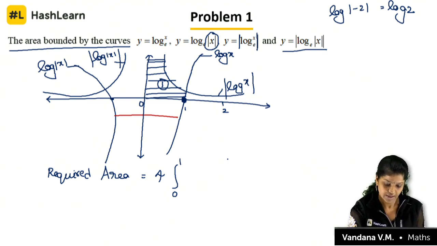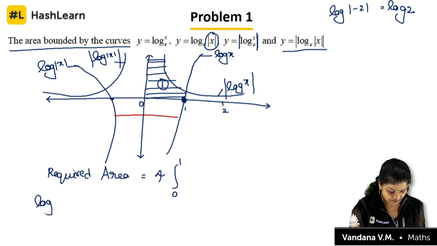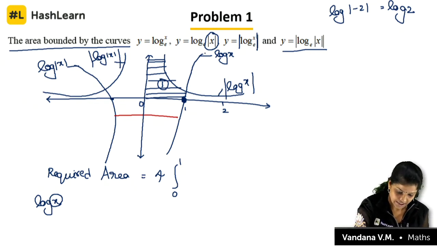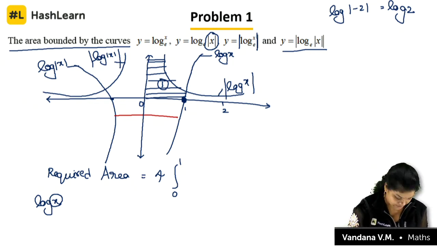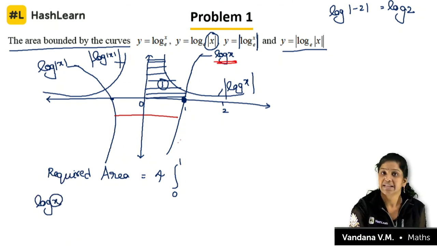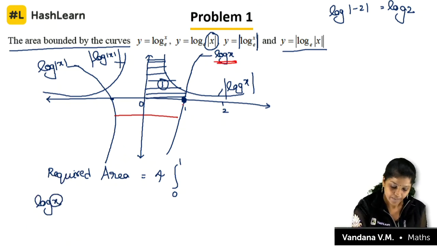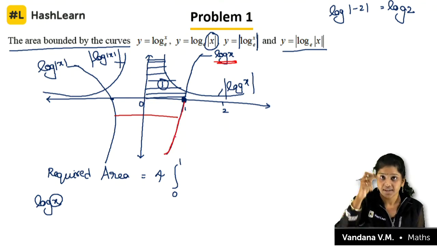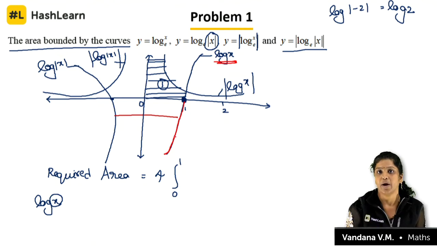Mod log x. Yes. See, usually log x means whatever input you take here should be positive. That is the reason why, when you see the log x graph, it is defined for positive terms, but I'll get the negative values also. That is the reason why the graph has come down.